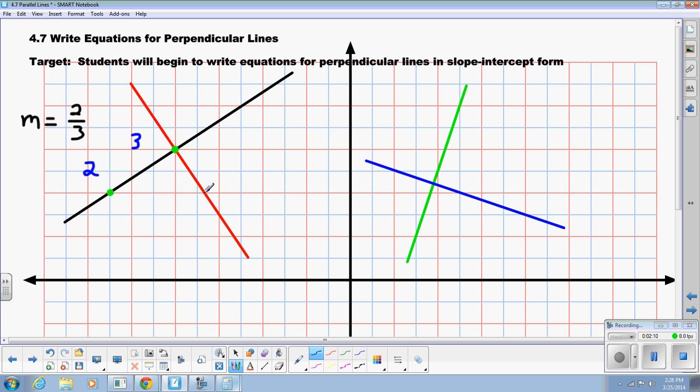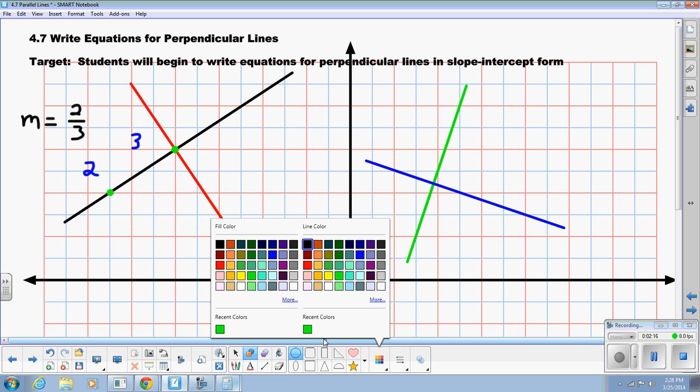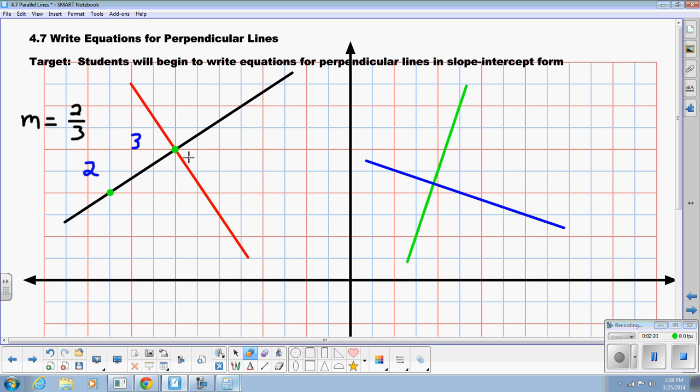Now we need to find the slope on the red line. So I'm going to draw my circle back in there again because I need another one. And let's make sure I have that nice neon green color so it's easy to see. So now I have one dot on the red line already, don't I? So let's find another one. Let's follow this line down here until we hit another spot right there. All right, so now I'm going to make a nice little spot on that. Okay, so let's start at the dot on the left and count over to the right. And again, now I need my red marker to help me with this.